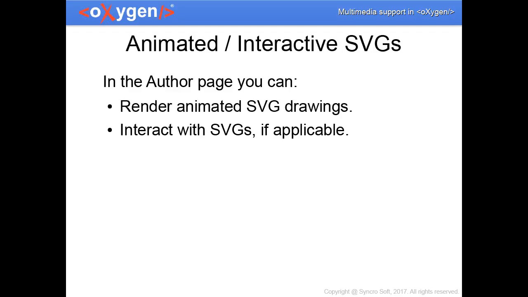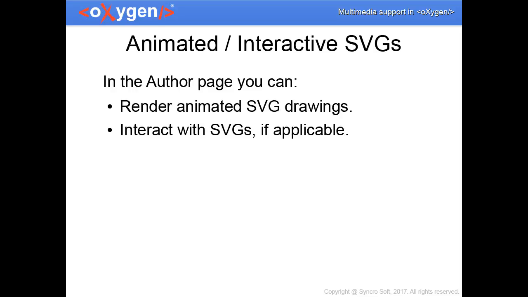In Oxygen's author mode, you can render animated SVGs, and if the SVGs are interactive, if you have maybe JavaScript or something there, you can interact with them in the author mode.